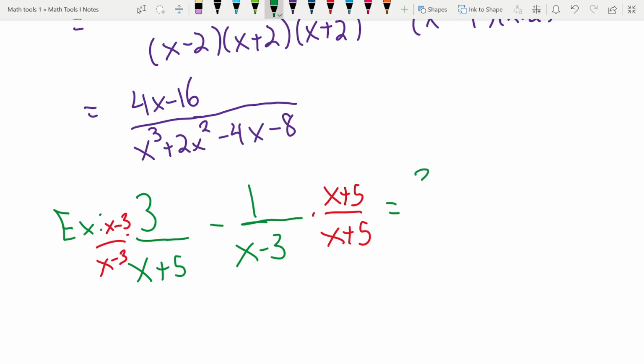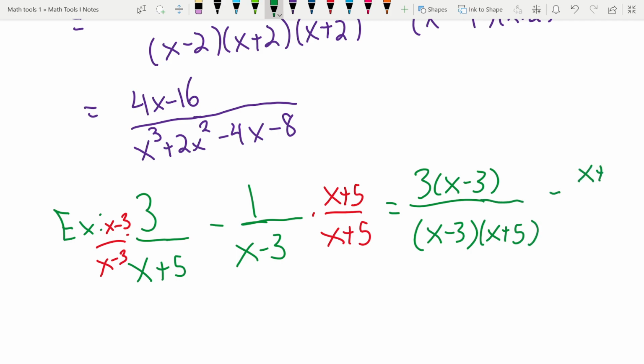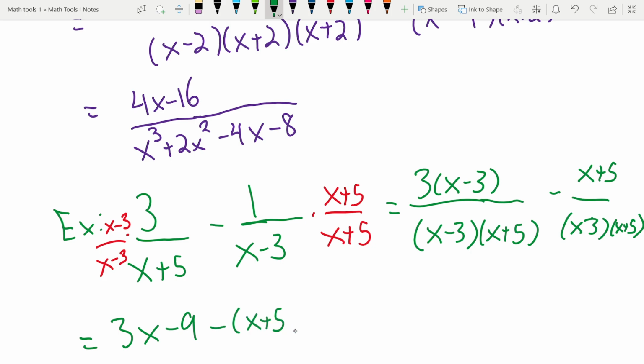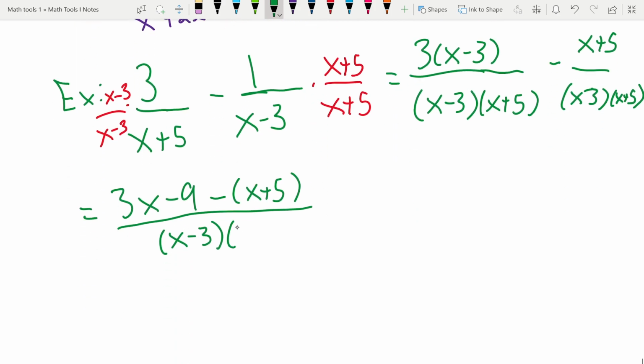So we get 3 times x minus 3 over x minus 3, x plus 5, minus x plus 5 times 1 times x minus 3 over x plus 5. Okay, so we'll get 3x minus 9 minus x plus 5 over x minus 3, x plus 5.